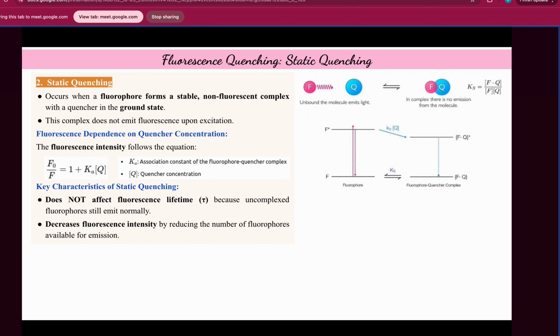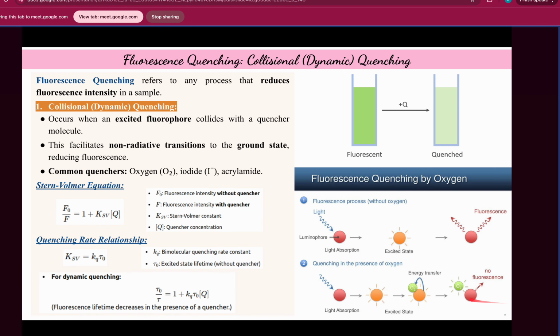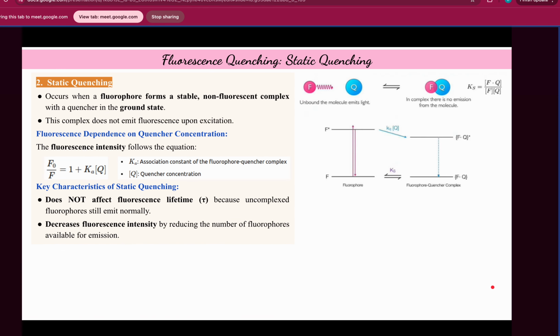In the previous case, collision was happening and the molecule was returning to its ground state. But in static quenching, my fluorophore gains some light and enters its excited state. Then the quencher comes and forms a complex with my fluorophore.